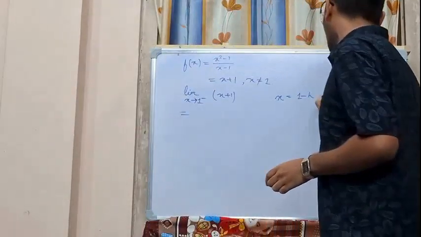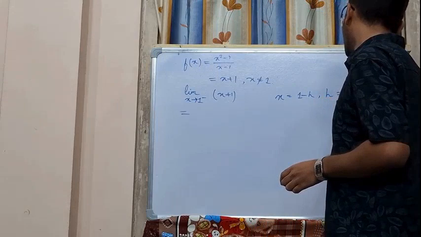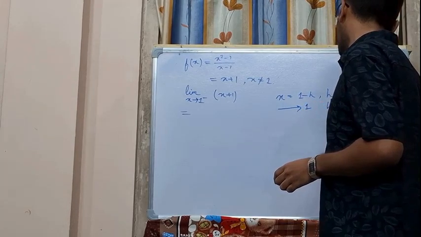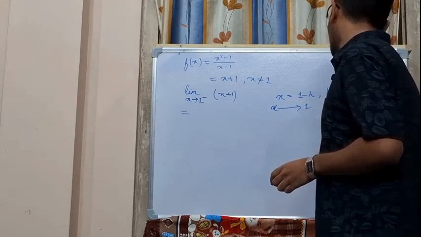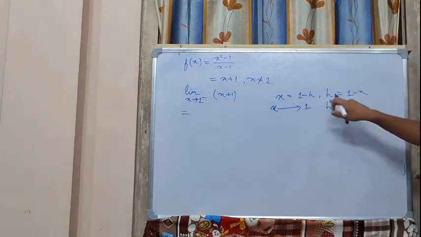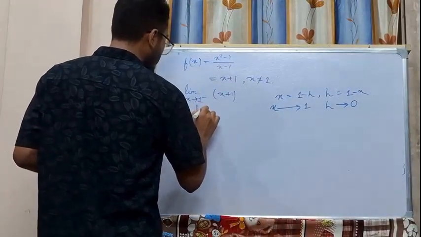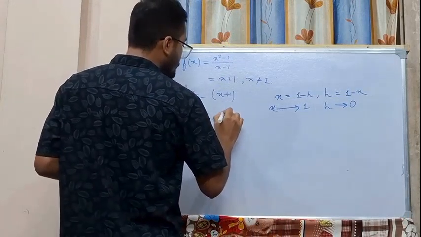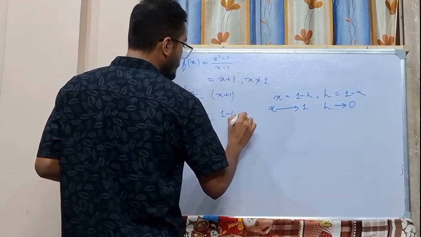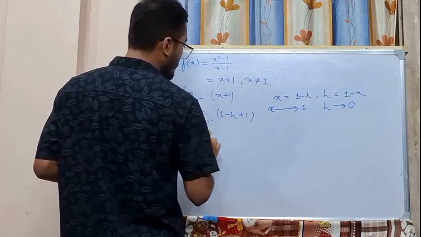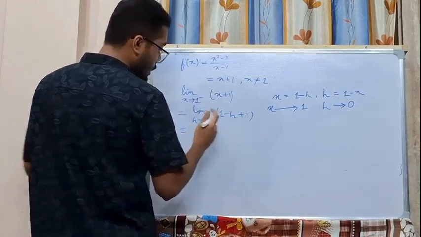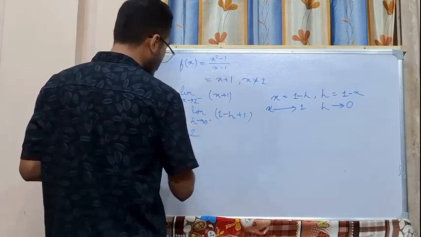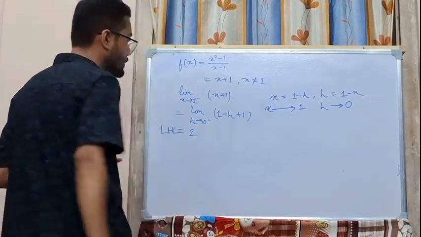When x is approaching 1, h is approaching 0, right? Limit h tends to 0 minus, (1 minus h) plus 1. That means if we put the value of h as 0, that is 2. This is the left hand limit.